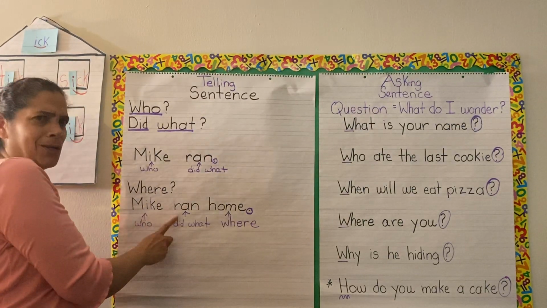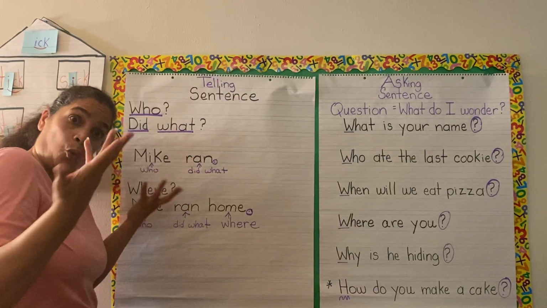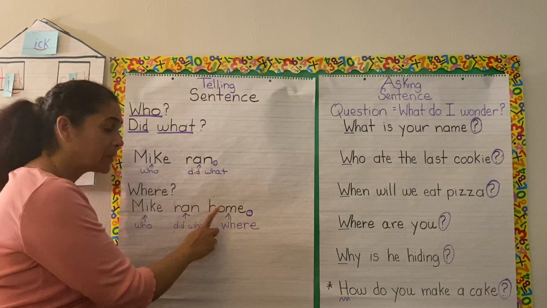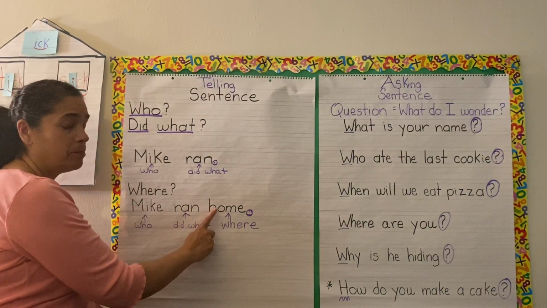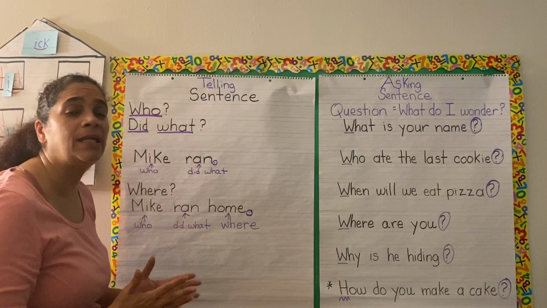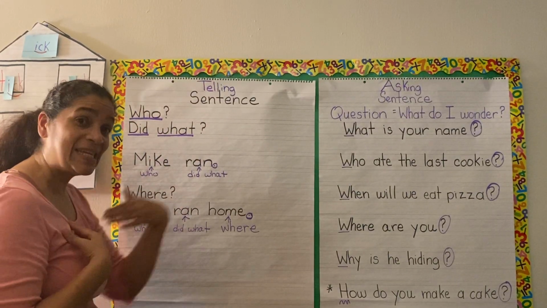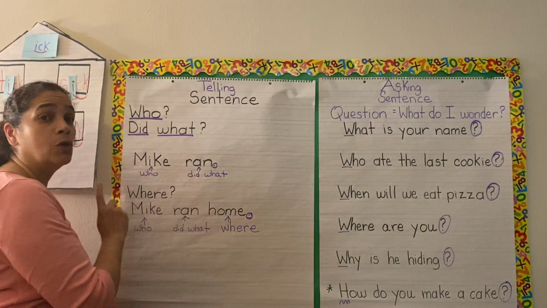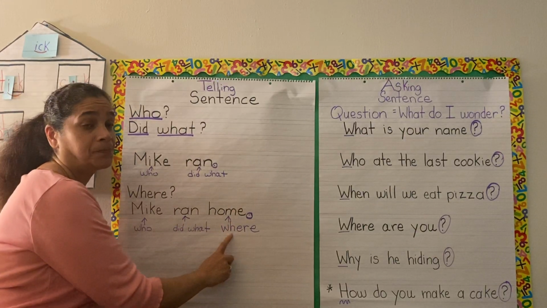Mike. What did Mike do? Ran. Where did he run to? He ran home. So in my sentence, Mike ran home, whomever is reading my sentence will know that I am telling them Mike ran home. Who did what and where?